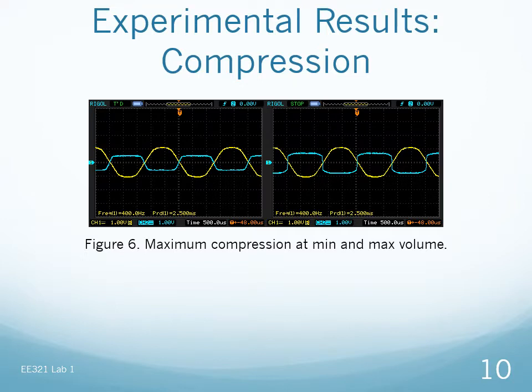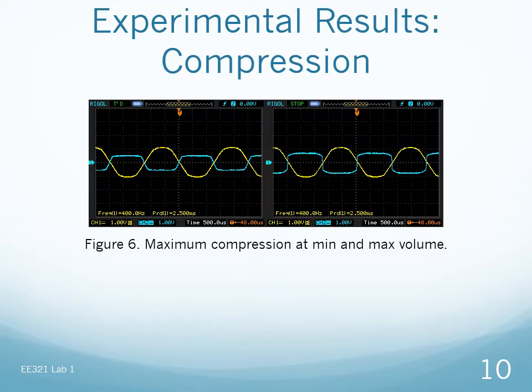But basically what these figures show is that the one on the left is the maximum compression when the volume is all the way down, so that the output signal is the same as the yellow input signal, and it clamps it down to about 0.5 volts peak to peak.